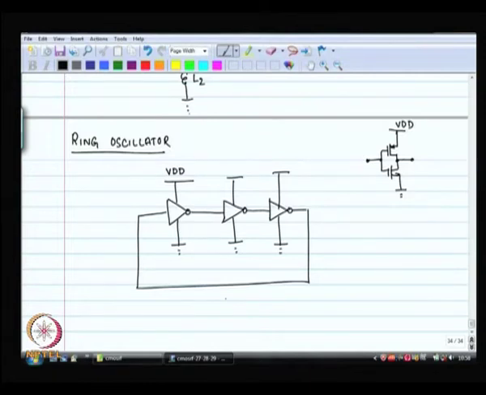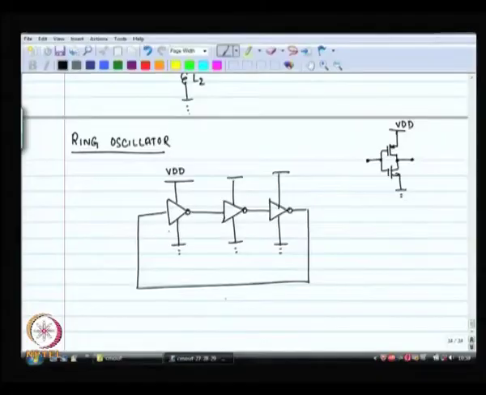Similarly, you can make a 5-stage ring oscillator, 7-stage ring oscillator, etcetera, etcetera. You can convert these inverters into differential inverters, and you might as well do it differentially, in which case you need not have 3 stages, but that is secondary as far as we are concerned.